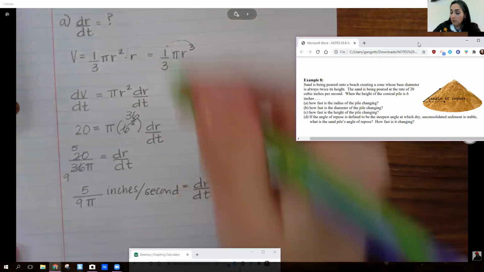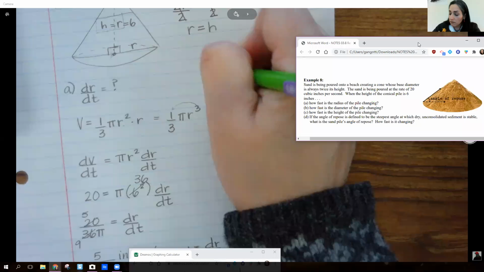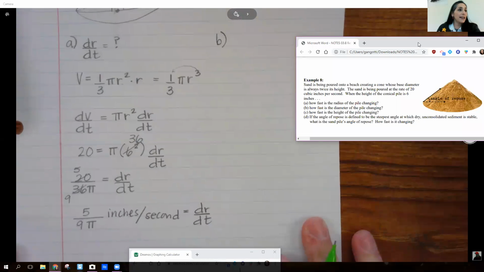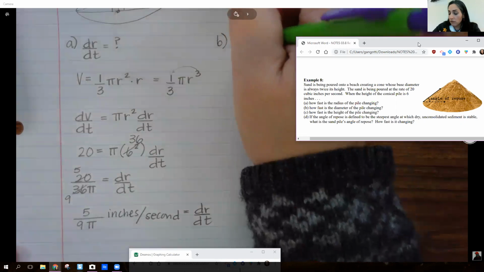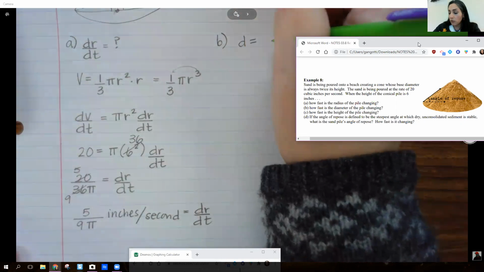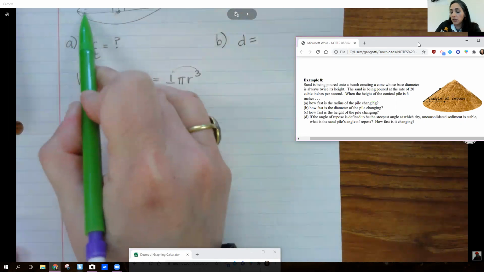Now let's look at part B. Part B is asking how fast the diameter of the pile is changing. So the diameter, D, what's the relationship here?